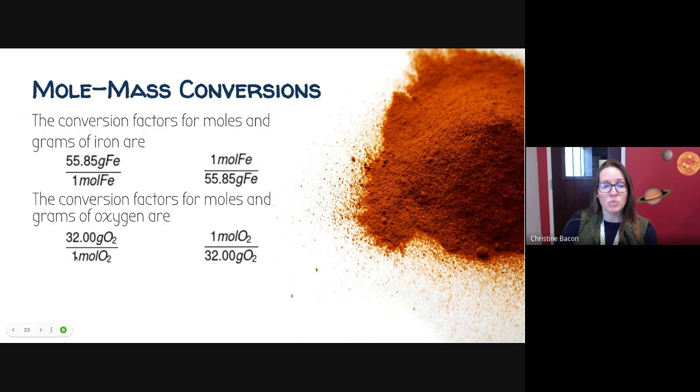So as long as we say 1 mole of O2 on the bottom, then it makes perfect sense because these units just cancel out. So the conversion factors for moles and grams of oxygen, O2, are 32 grams per mole, or 1 mole, 602 hexillion molecules of O2 per 32 grams of O2.